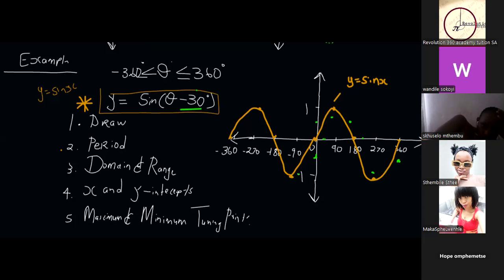Then we're having another one just slightly below the turning point. Then there should be another one right here. So you're going to plot those green points. Then you're going to join them.